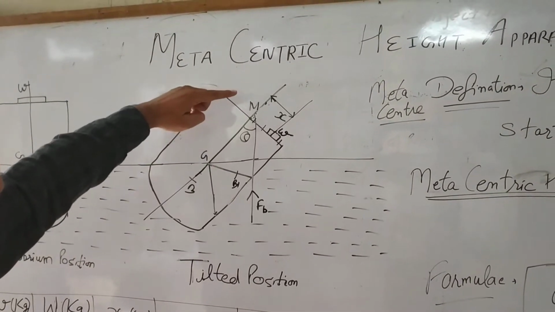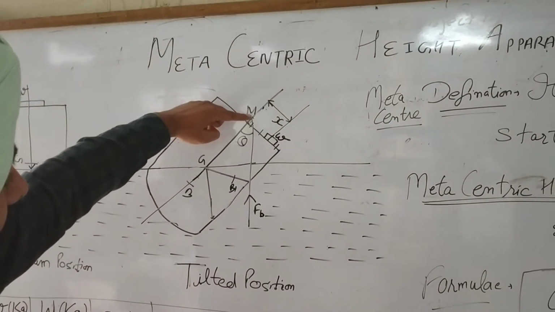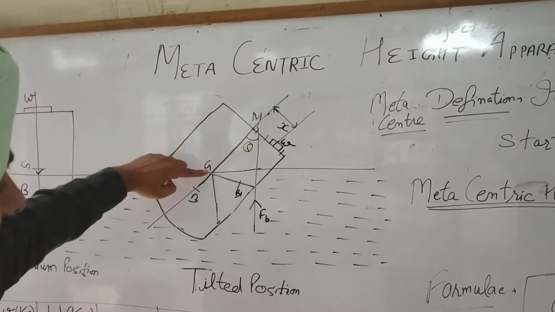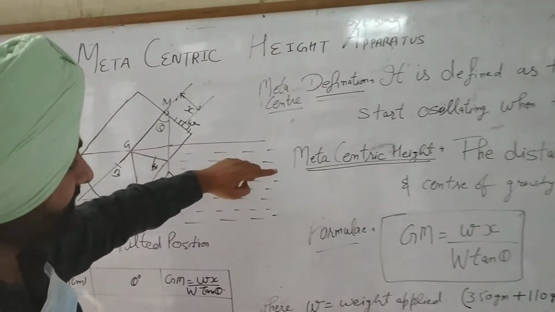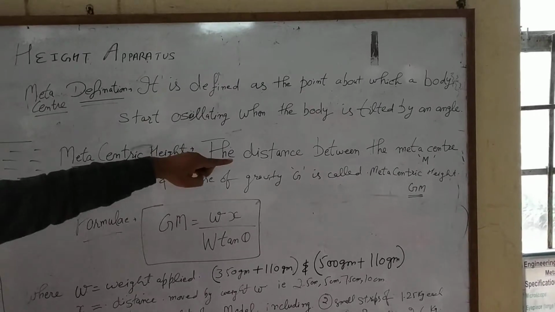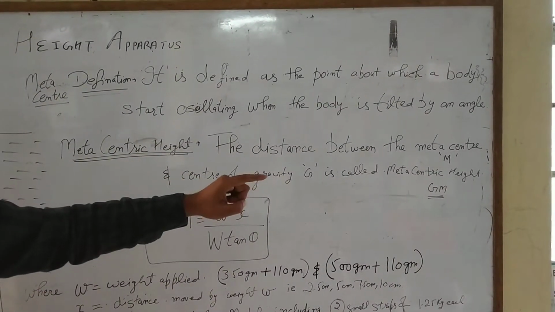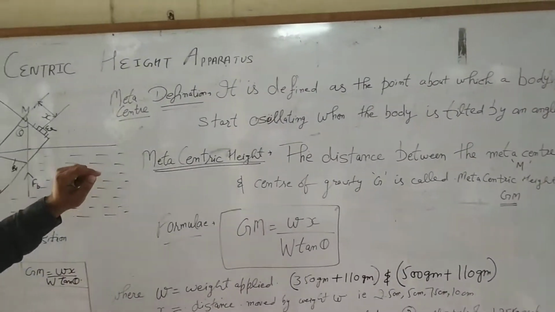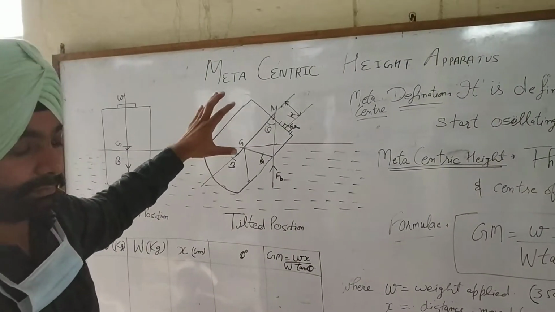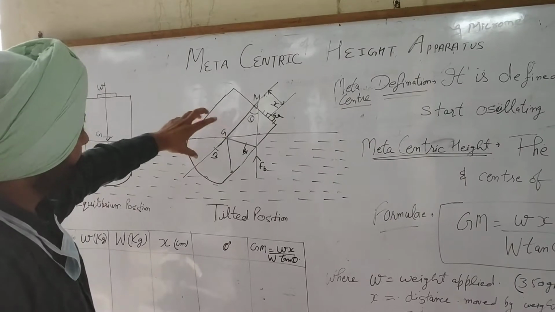And metacentric height is the distance between the metacenter M, capital M, and the center of gravity, G. The center of gravity is the point where the whole mass of an object is located.